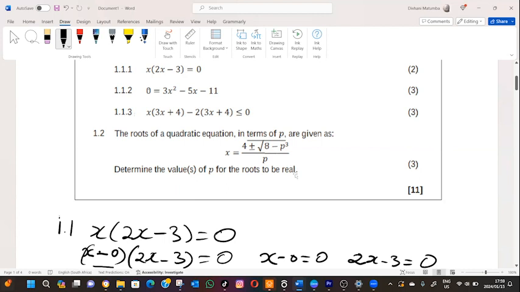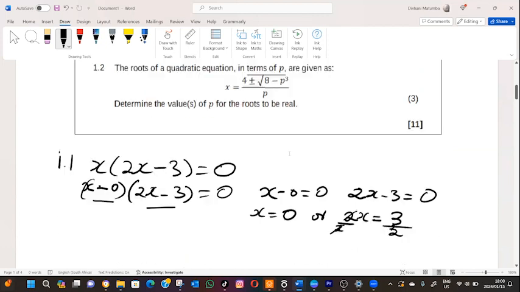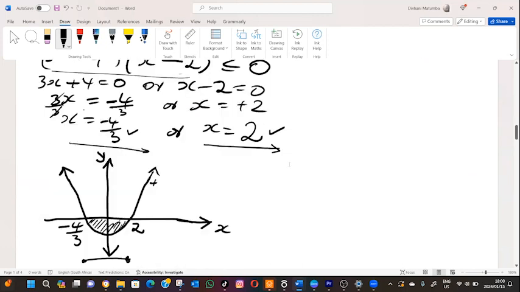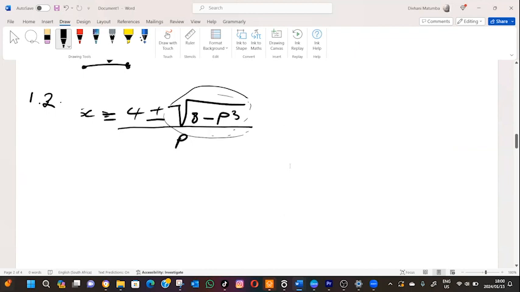Now the question is, in order for the roots to be real, how should the value under the square root be? And the answer is that the value under the square root, 8 minus P3, must be greater than or equals to 0.